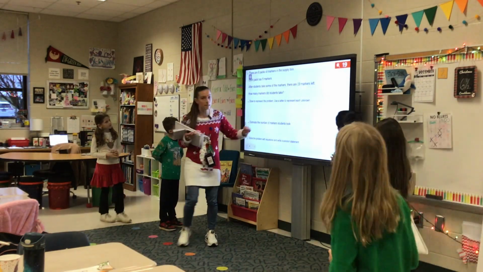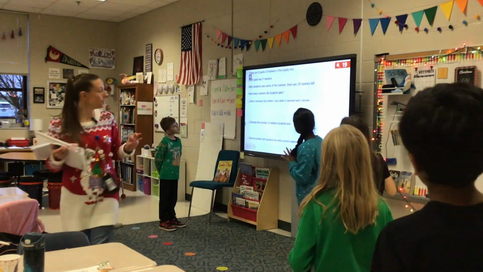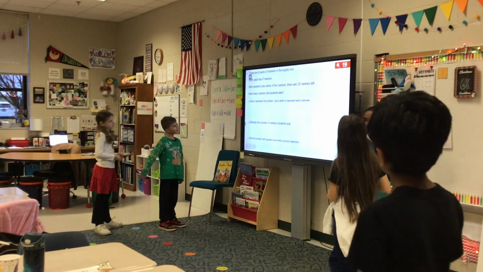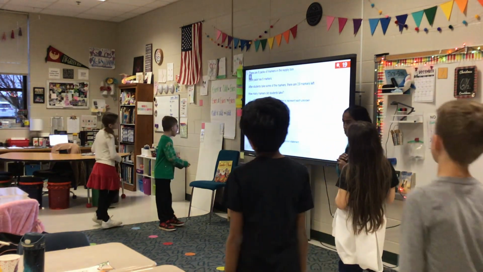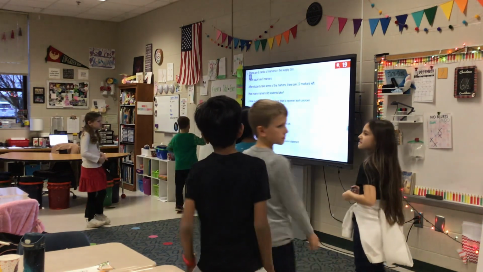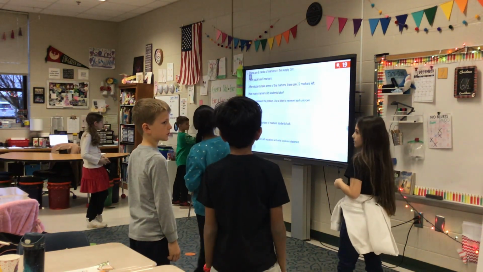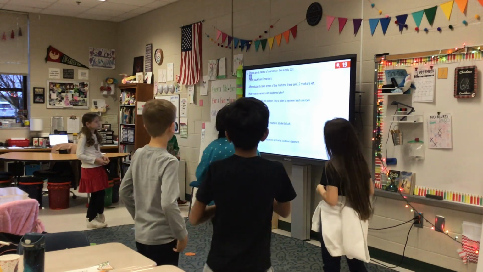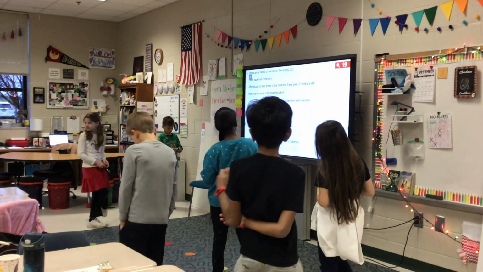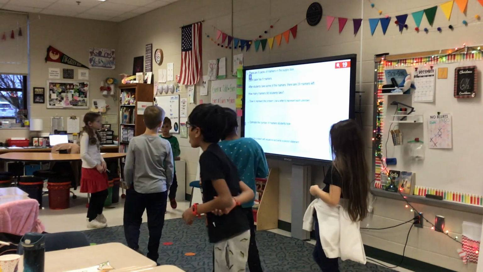Okay, let's look and listen. There are 9 packs of markers in the supply box. Each pack, just listen, I love that connection. It looks very similar. Let's see what happens though. It says each pack has 8 markers.